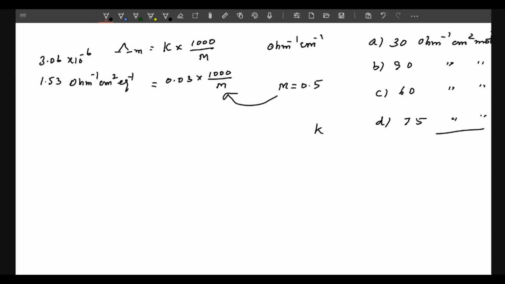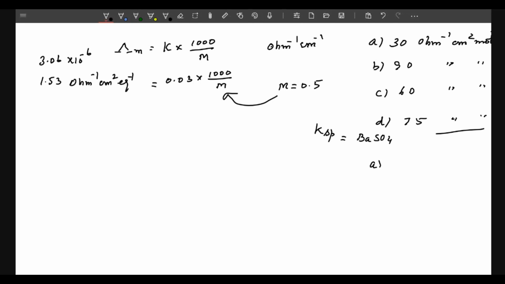Calculate the solubility product of barium sulfate.